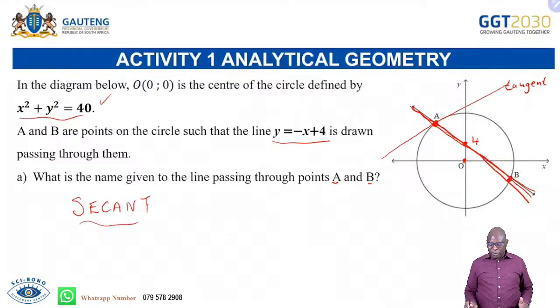Those 2 points, A and B, that line that touches there. So it doesn't pass through the center of the circle. Once it passes through the center of the circle and it doesn't go outside the circle, that line will be called a diameter. Right?